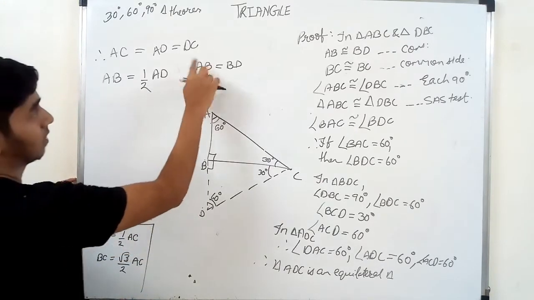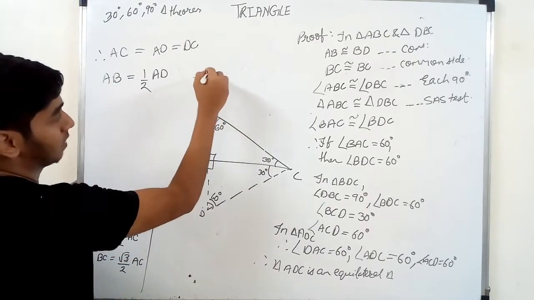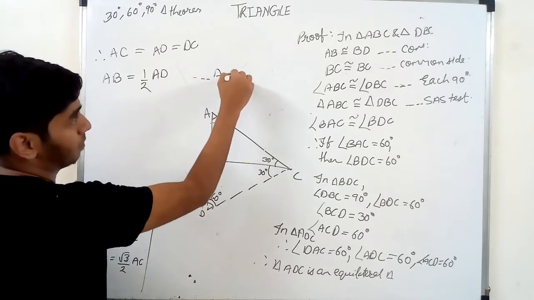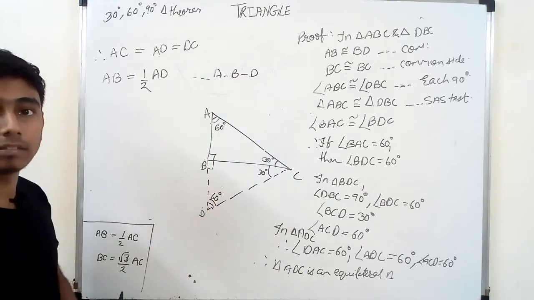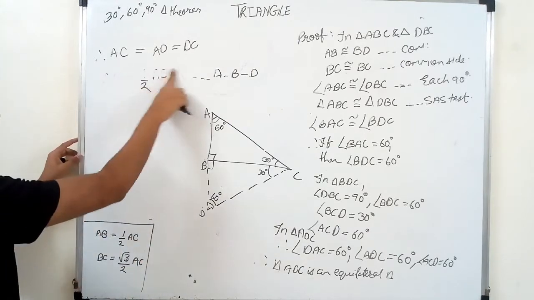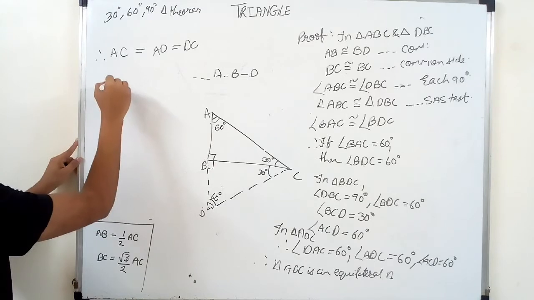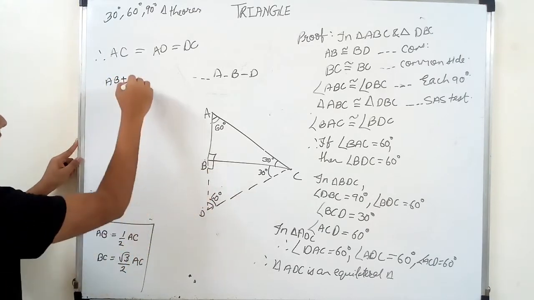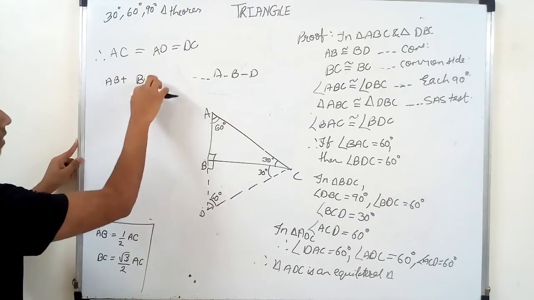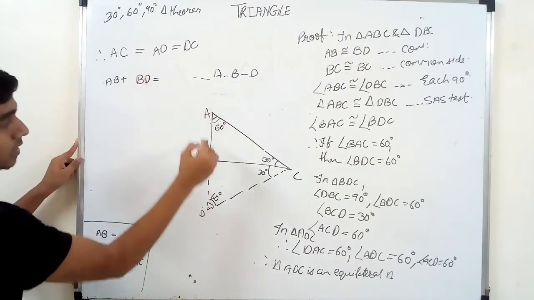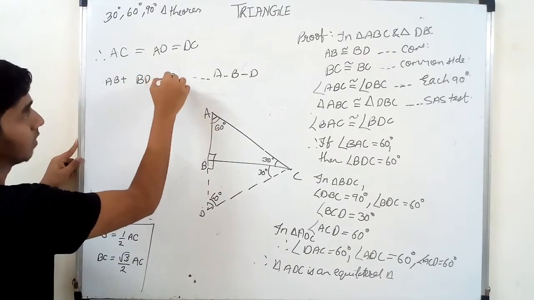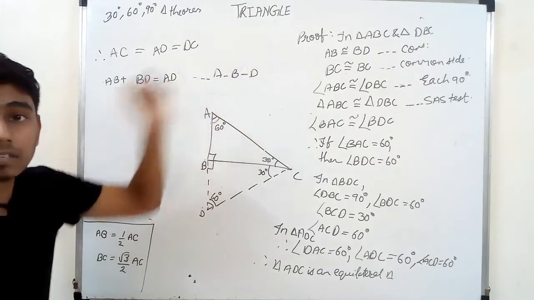Like, for this we can say AD lies between these points, or you can write this like this also. We can say that AB plus BD is equal to AD, because of betweenness.